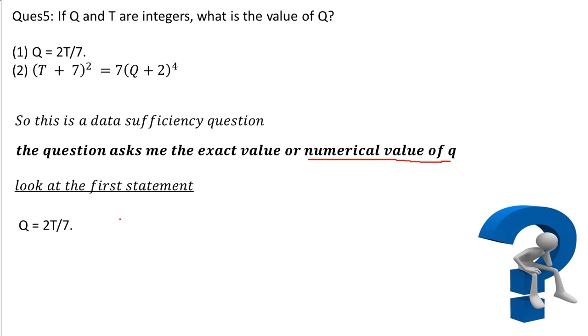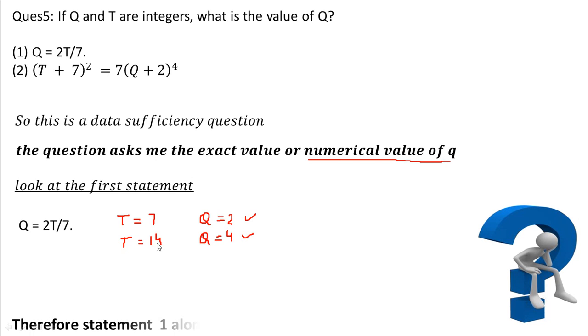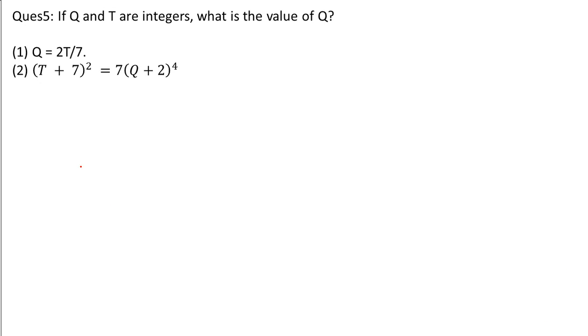For example, if t is equal to 7, q comes out to be 2. If t is equal to 14, q comes out to be 4. So I cannot be sure what is the exact value of q. It can be 2, it can be 4. Therefore, statement 1 alone is not sufficient to answer the question.